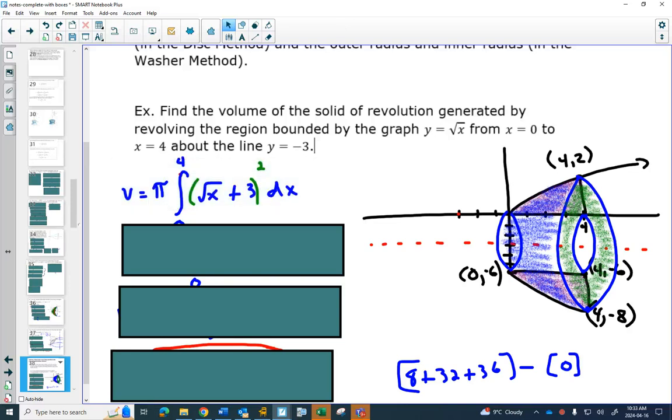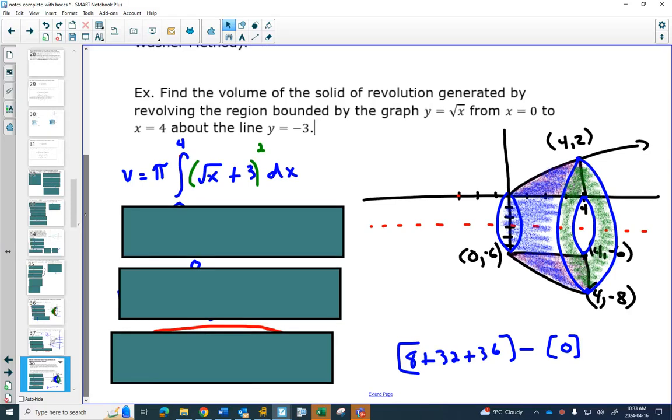We're still finding circles from 0 to 4. And we still have an outer radius and an inner radius.